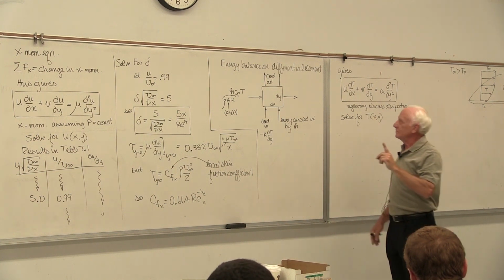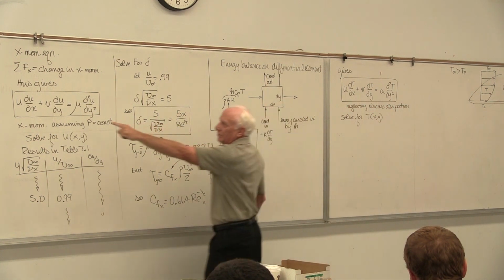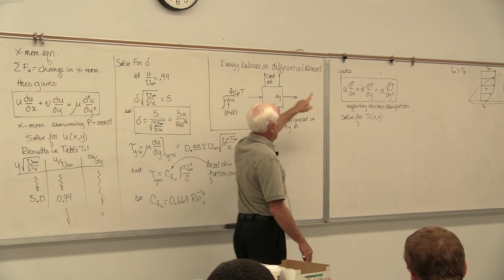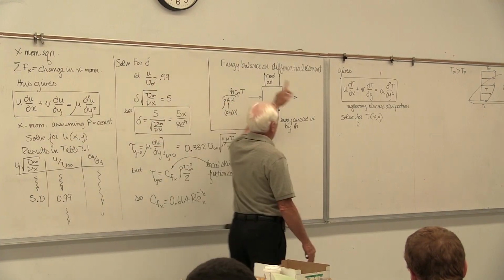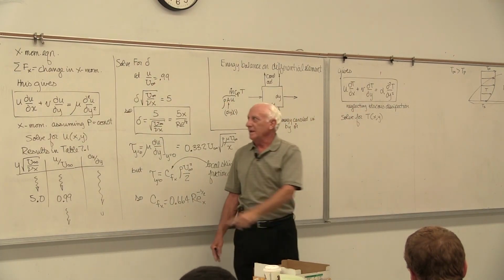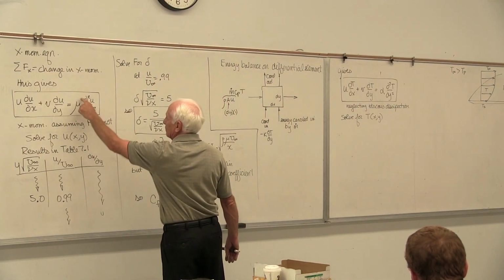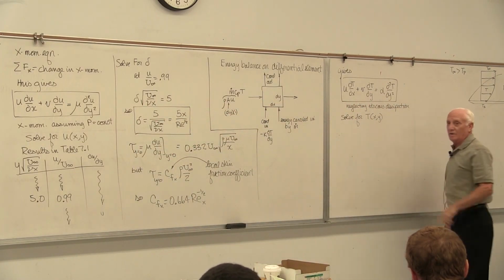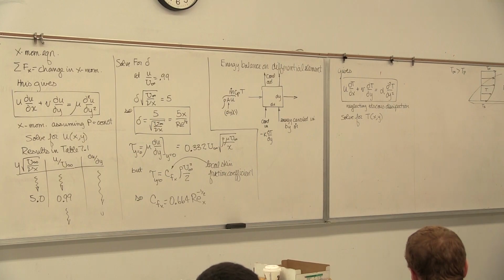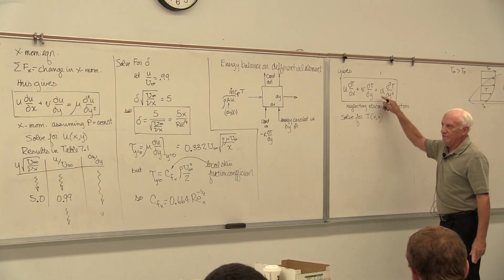Look how similar those equations are. u du/dx, u dT/dx, v du/dy, v dT/dy. A constant times d squared u/dy squared. A constant times d squared T/dy squared. Wow. They almost look like you could solve one and get the answer for the other because they're so similar. This is thermal diffusivity.